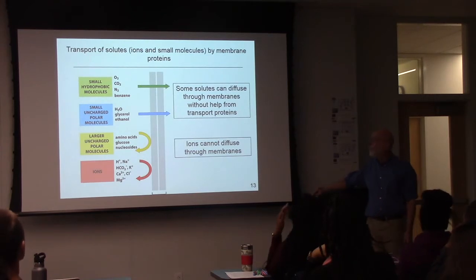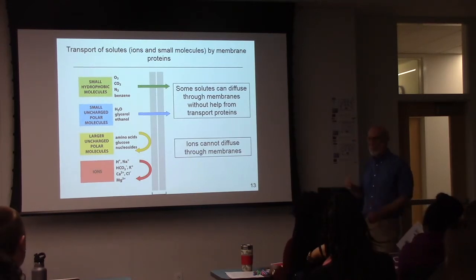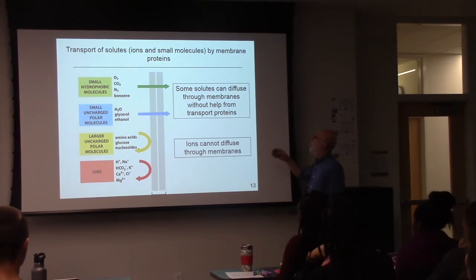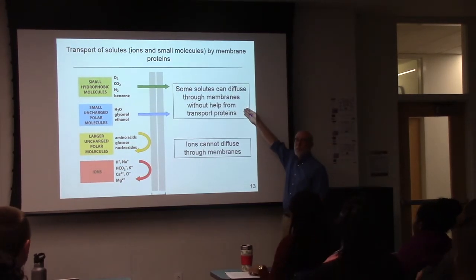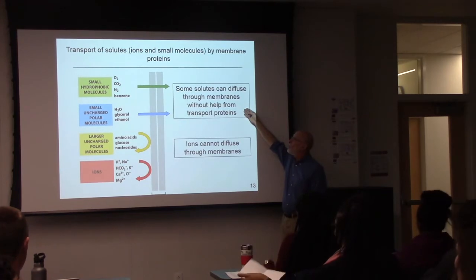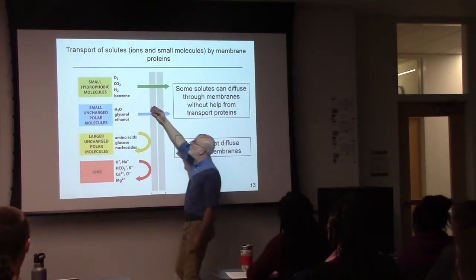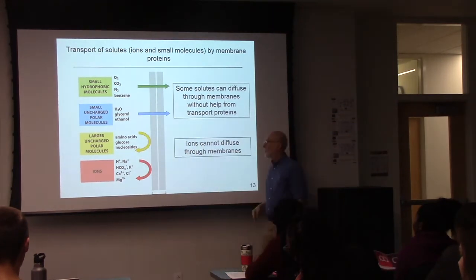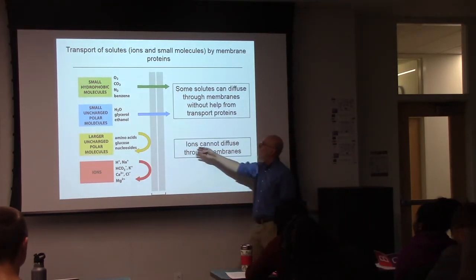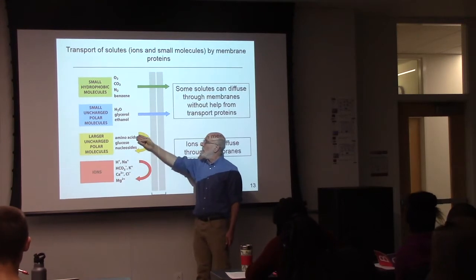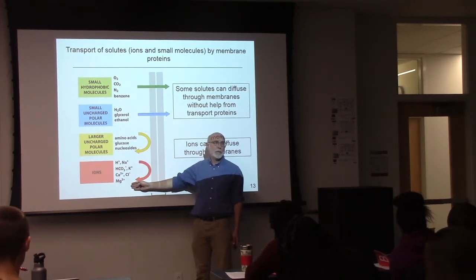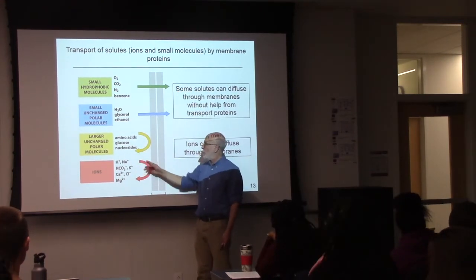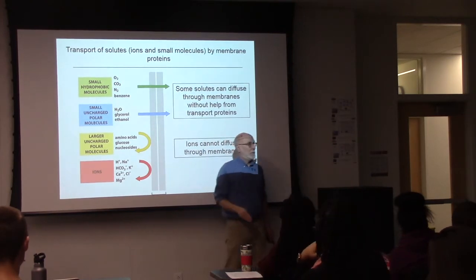All right. So now we're going to go through some of this. Simple diffusion, which we're not going to be talking about very much. And the fact that ions, the most important solutes for this course, are impermeable to membranes.